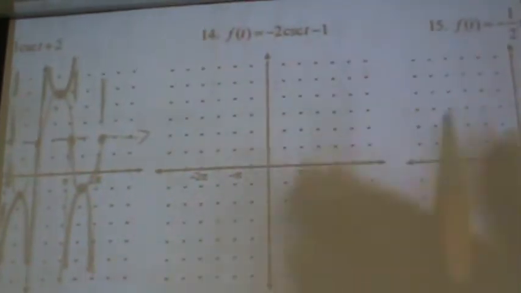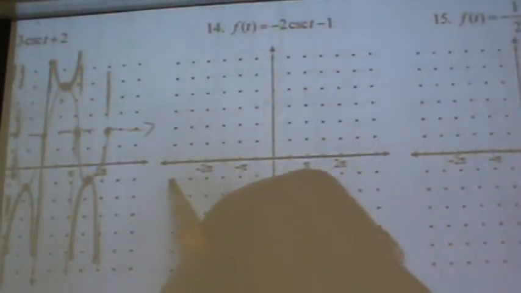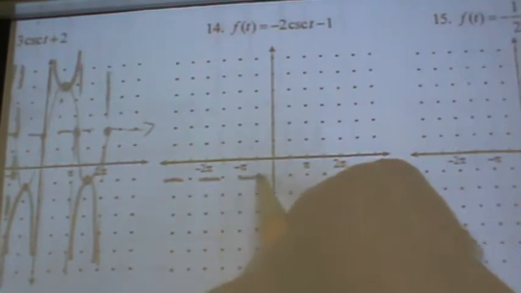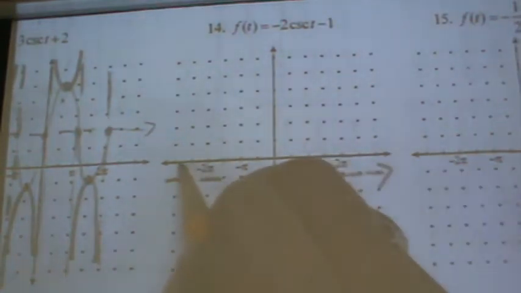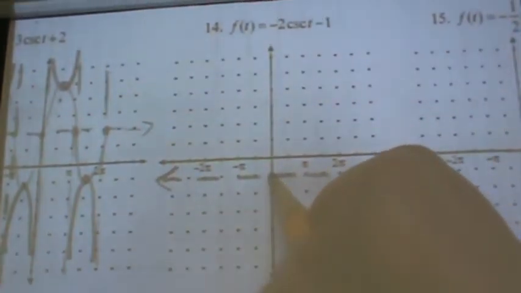Number 14, where do you start? 1 below. And am I graphing the sine or cosine? Sine's upside down, right?